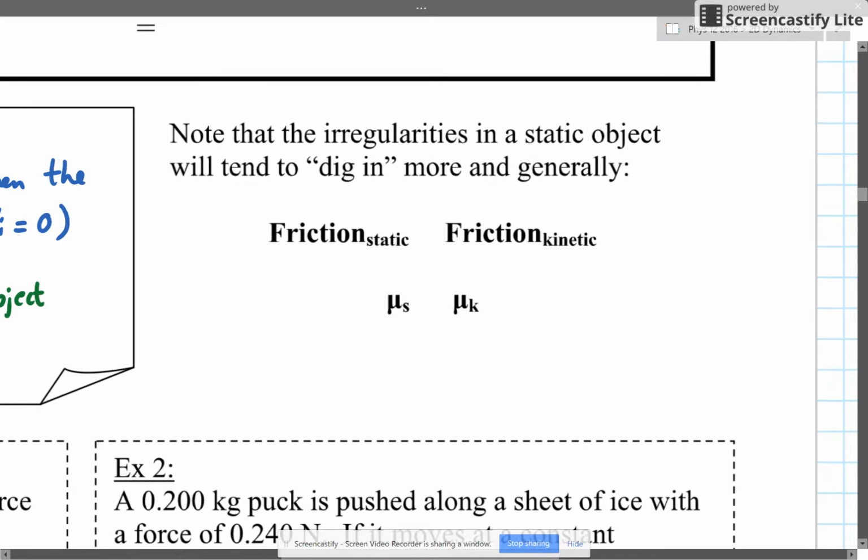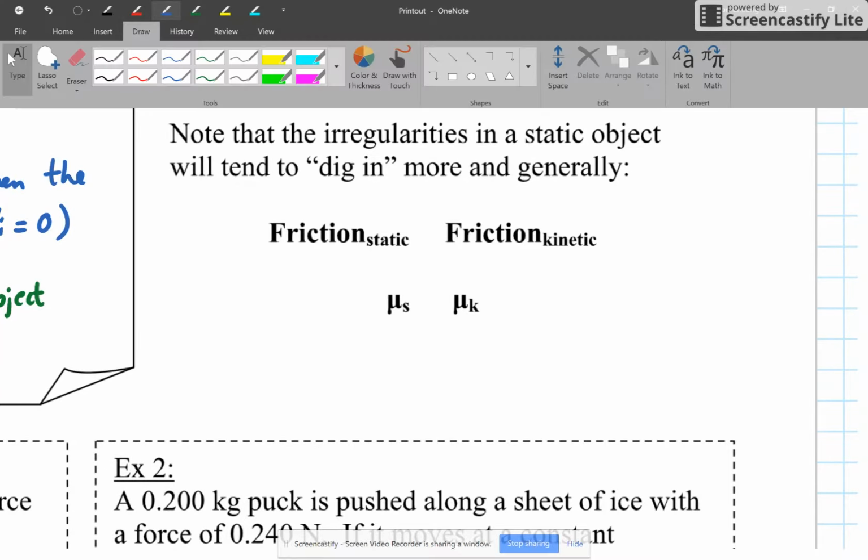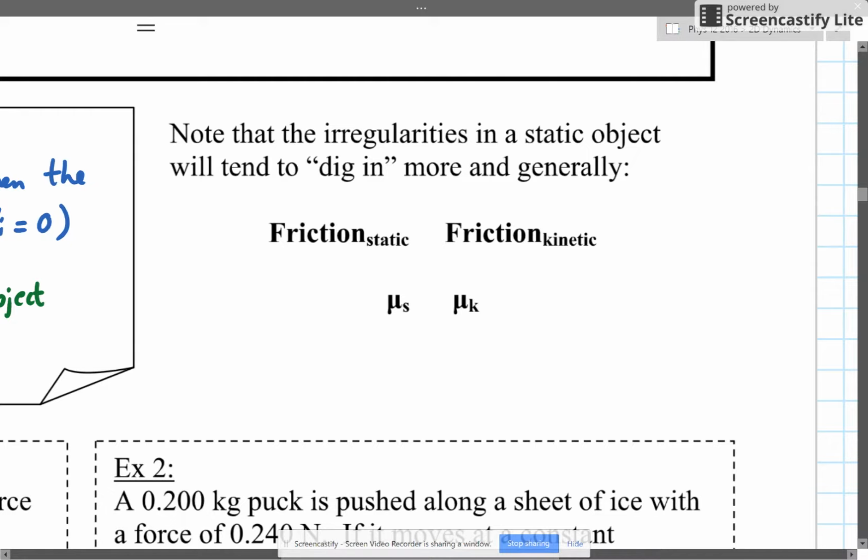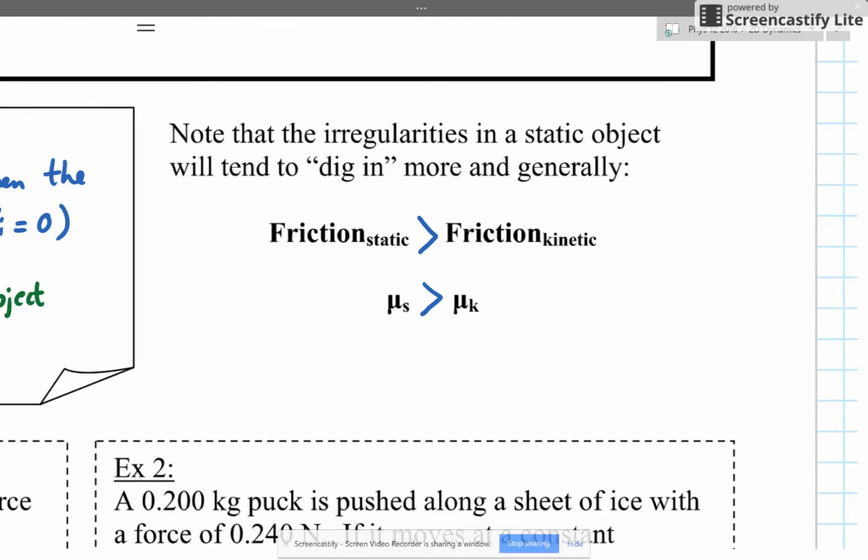You have to remember that the static friction is always greater than the kinetic friction. So it's easier to maintain something's movement compared to starting it from rest, which is always the case. Let's look at maybe this example down here.